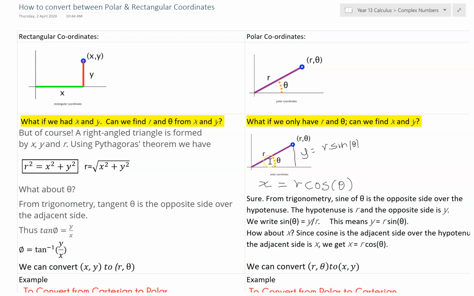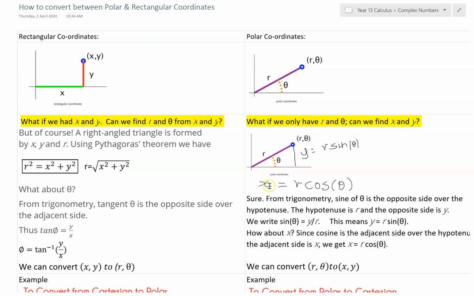So if we use the sine angle, then we know the sine angle is equal to opposite over hypotenuse, which is y over r. And then we can rearrange this formula to find y. That turns out to be r times sine angle.